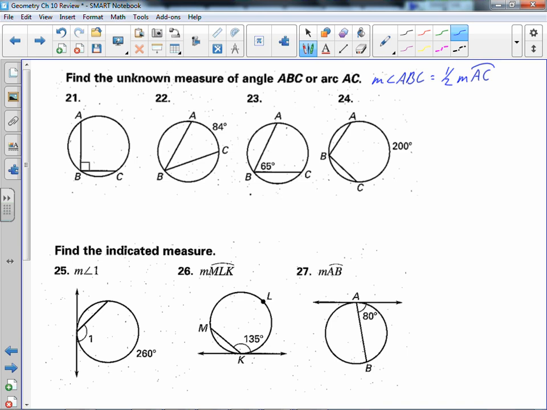So applying that rule here, angle ABC, you see the little box there, that means that's a right angle or 90 degrees. So the measure of arc AC should be equal to 2 times 90 degrees.